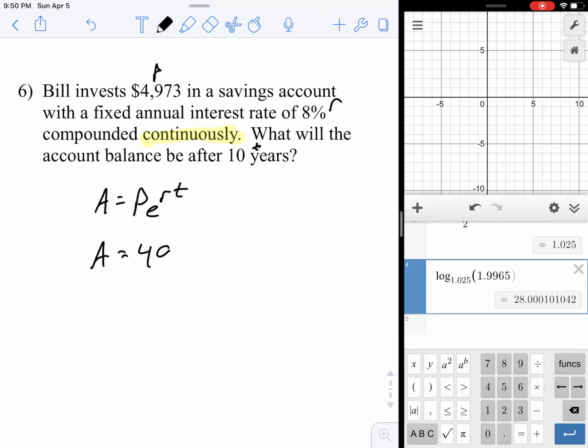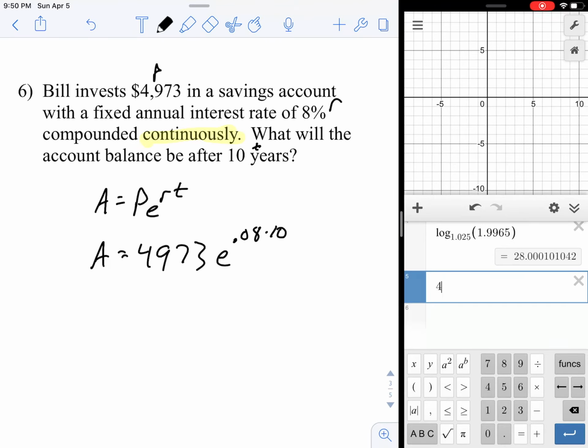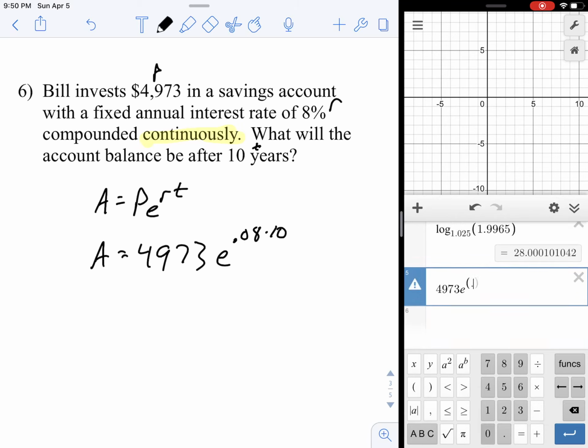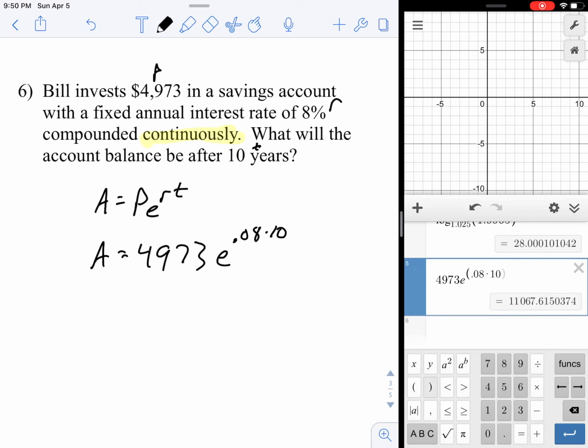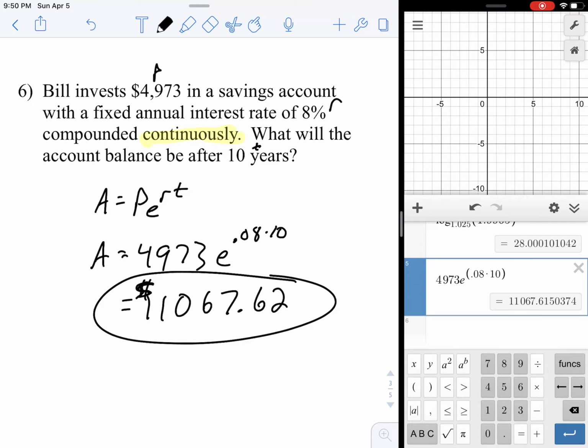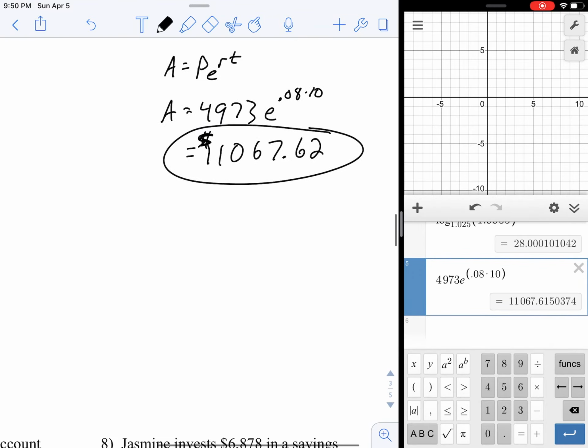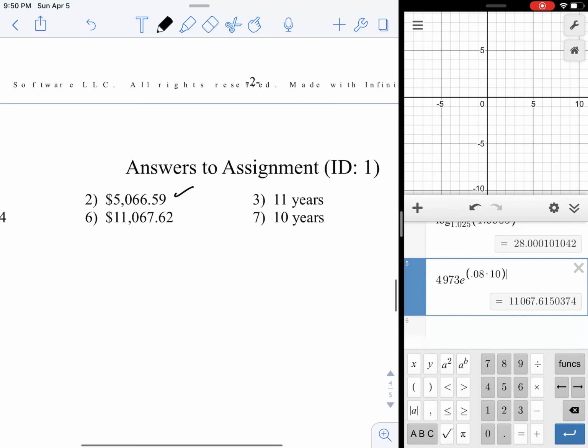A equals 4973 e to the 0.08 times 10 power. 4973, alphabet button E, power button, parenthesis, 0.08 times 10. And we get $11,067 and, oops, looks like 62 cents. That's my dollar sign. Trust me, that's supposed to be a dollar sign. All right, so 11,000 and some change. Let's see if that's the right answer for number 6. Yep, 11,000 and some change.